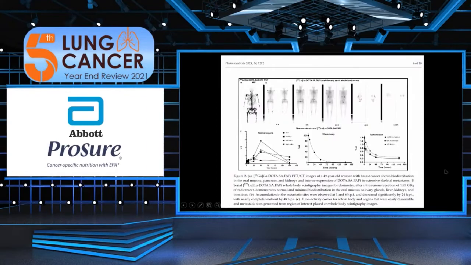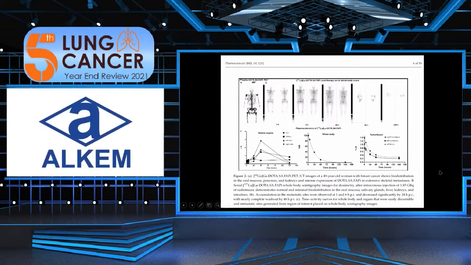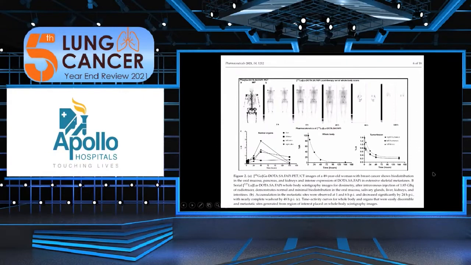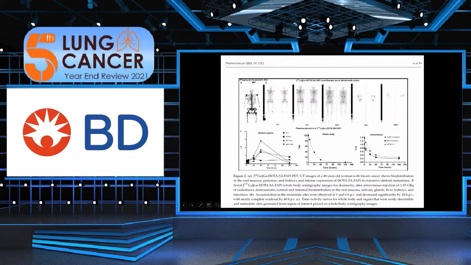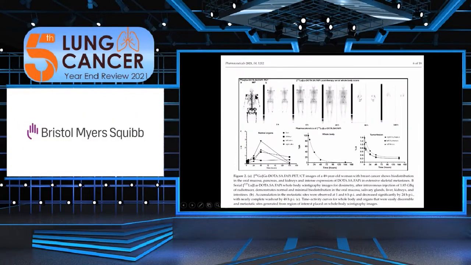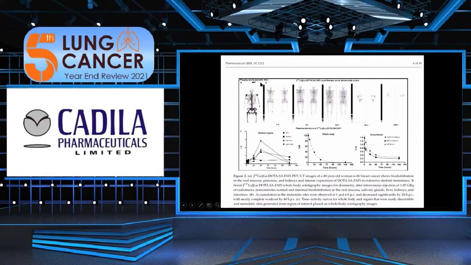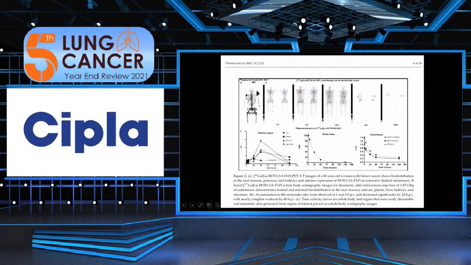This landmark work has been done by a group from AIIMS, my colleague Dr. Bal. He has made a very big contribution. For example, this is a case of carcinoma breast. You see the bulk of the disease is in the marrow and in the bone, and this is picked up on the gallium DOTA-FAPI dimer.